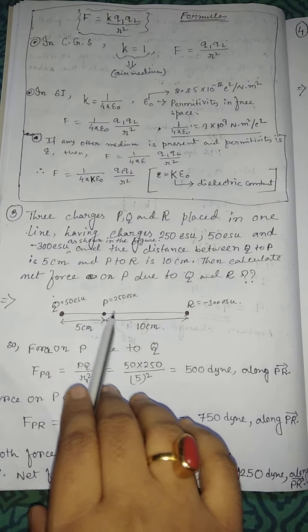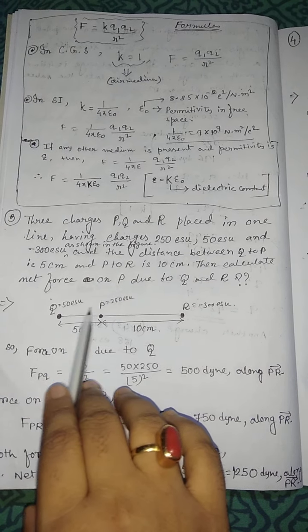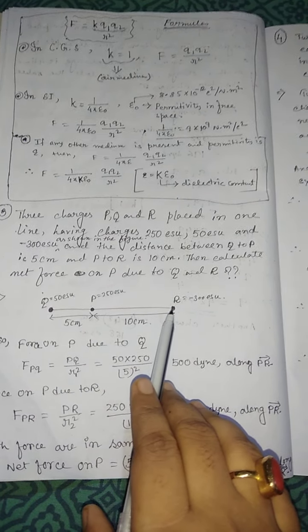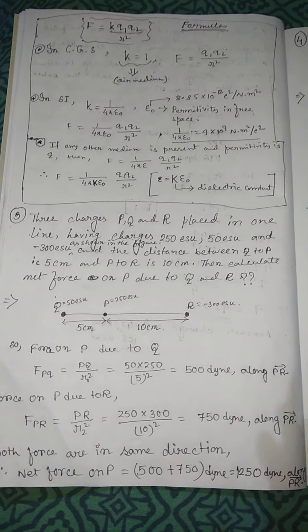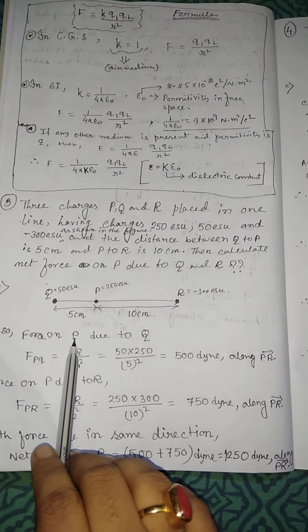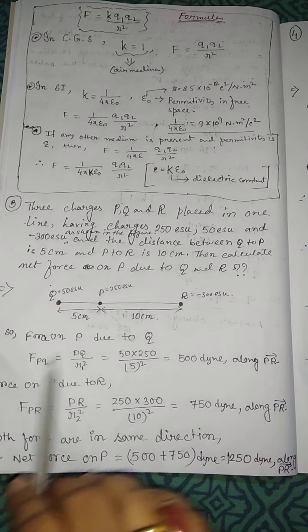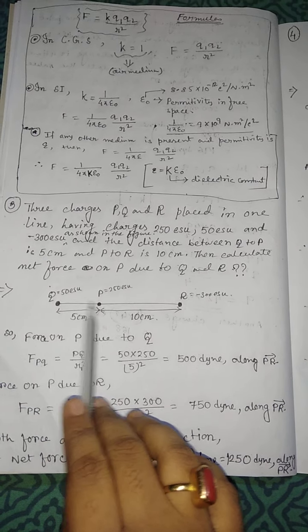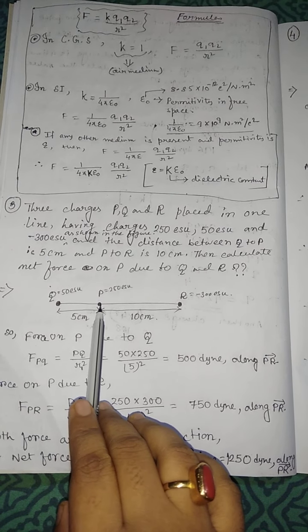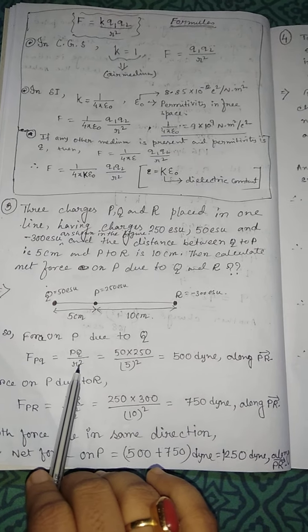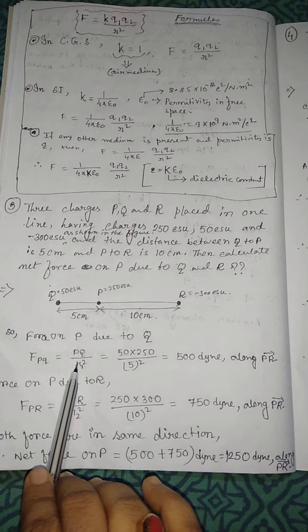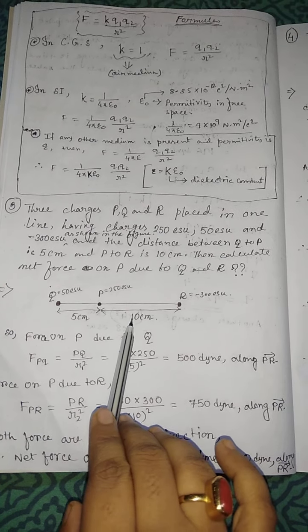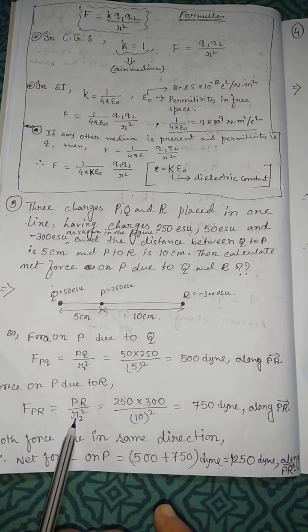So first we calculate the force due to Q on P, and then the force on P due to R, then we calculate the net force. First, force on P due to Q equals the multiplication of these two charges by the distance square. Here we consider this distance as R1, that's why we write R1 here, and from here to here this is R2, so we place R2 here.